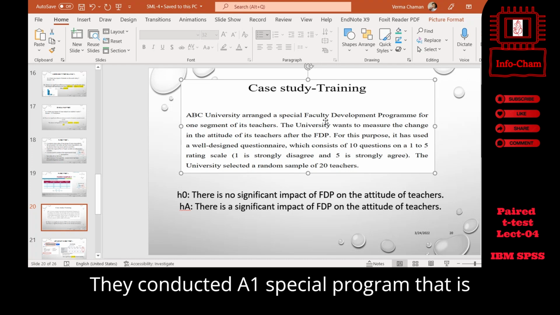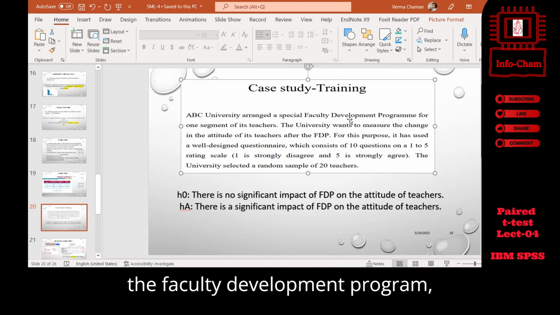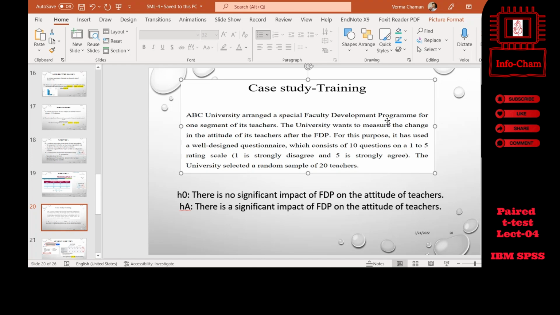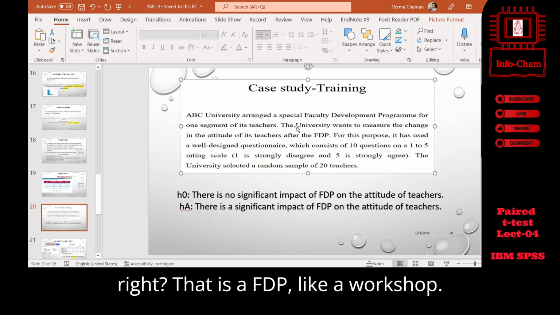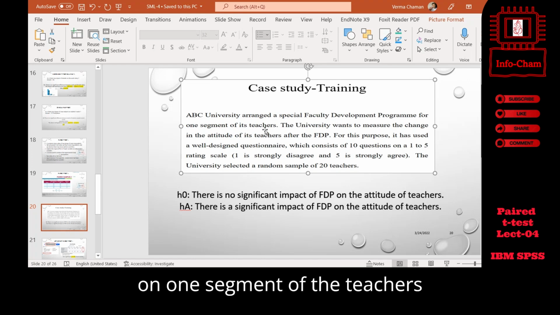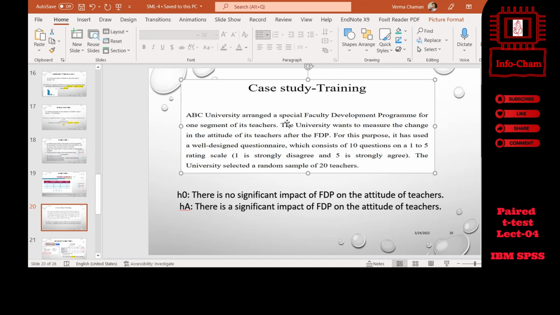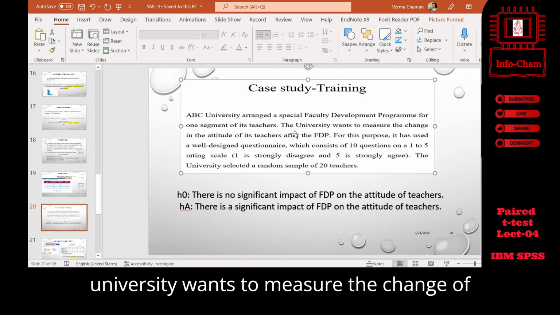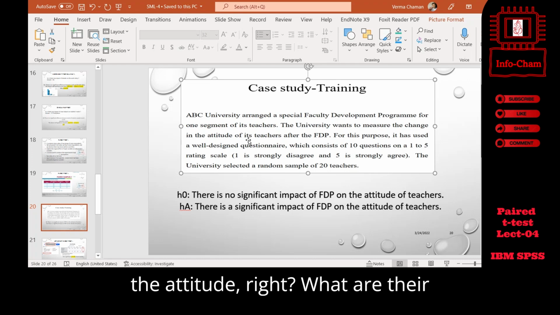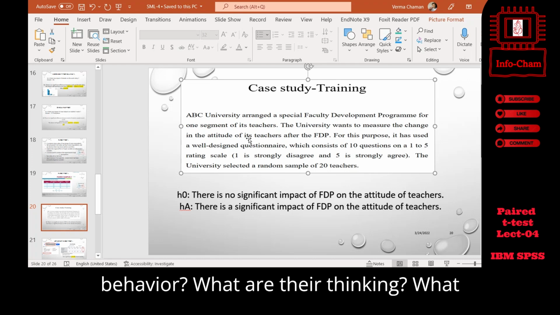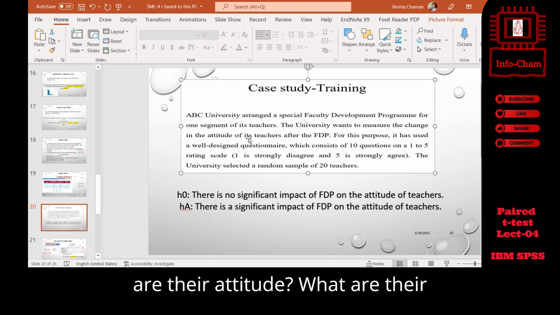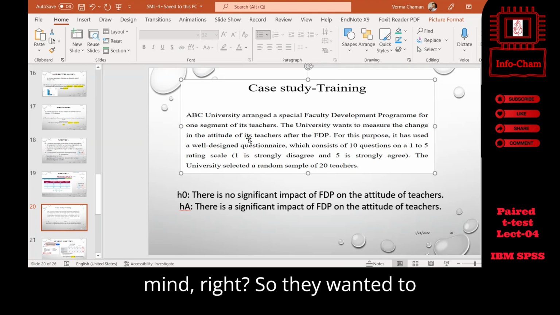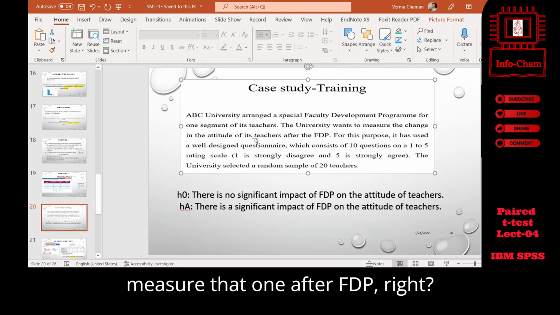They conducted a special program, the faculty development program, an FDP, like a workshop for a segment of teachers, because they wanted to improve the skills of the teachers. The university wants to measure the change in their attitude, their behavior, their thinking, their mind. So they wanted to measure that after the FDP.